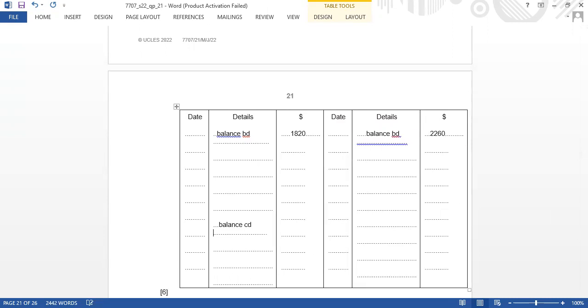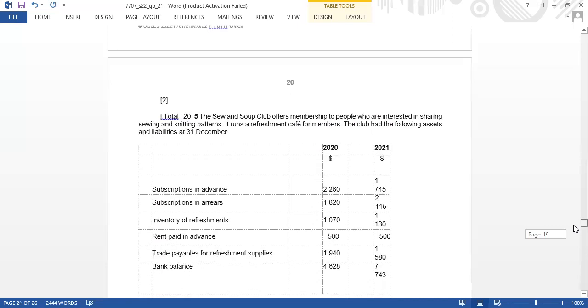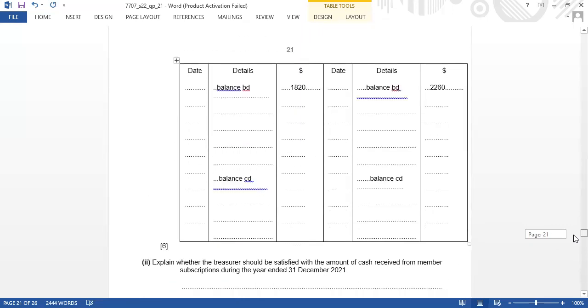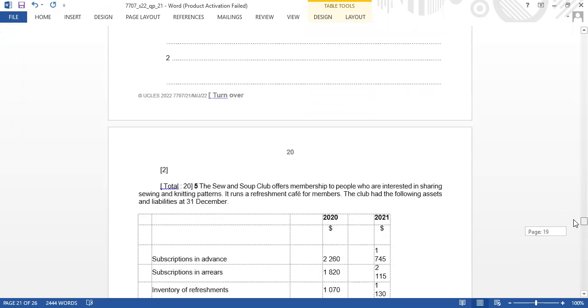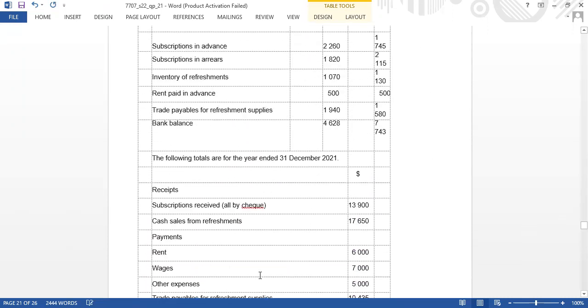Balance c/d. Balance c/d are 1745 and 2115. Okay.